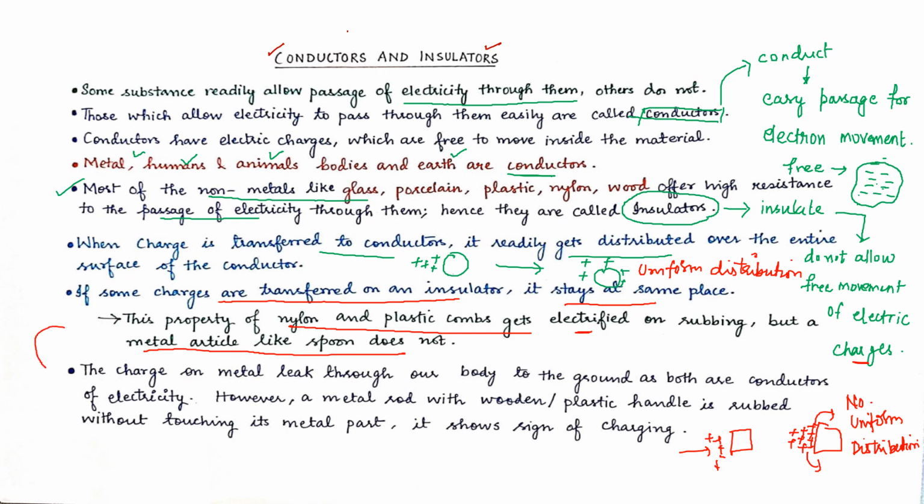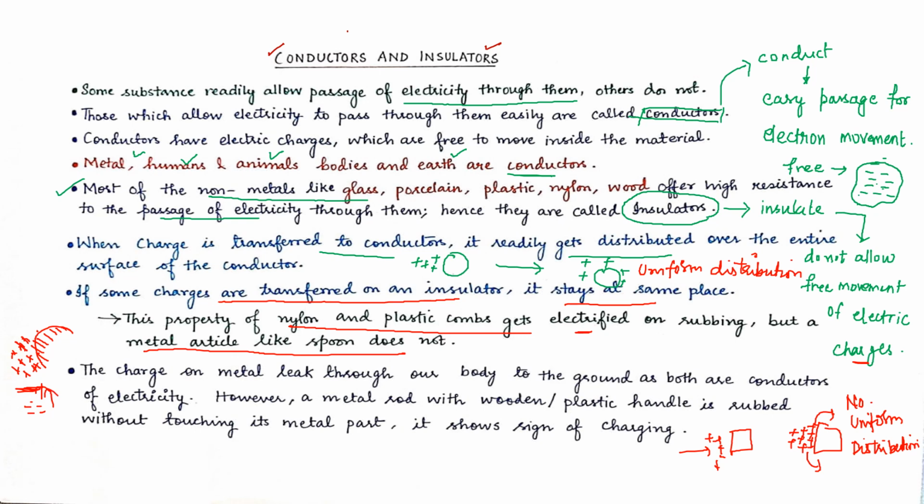This is our comb, now we are rubbing it with our dry hair. The charges which are present in the dry hair will start coming here, but as this is insulating in nature, it does not allow the movement of charge and they will keep on accumulating over the same surface again and again. So if we bring bits of paper near this surface, they will start being attracted towards this charged area.